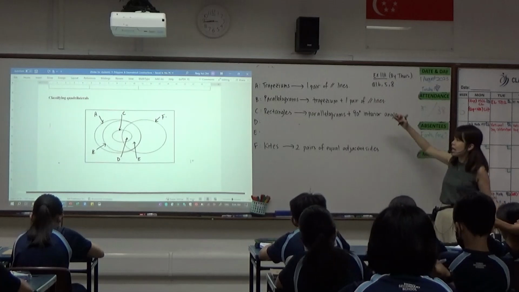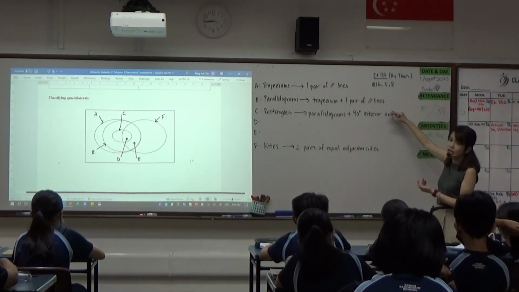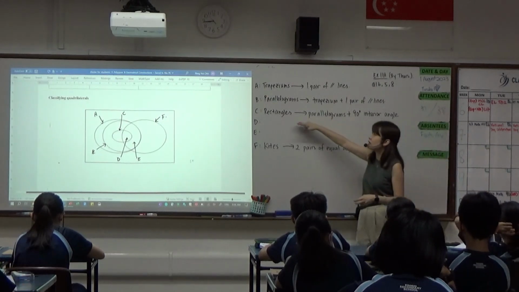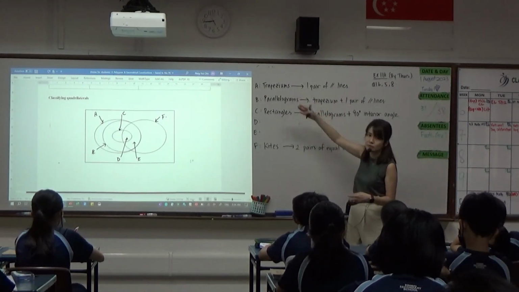So I'm layering on from one shape to the other shape, which draws the distinction between rectangles, parallelograms and trapeziums.